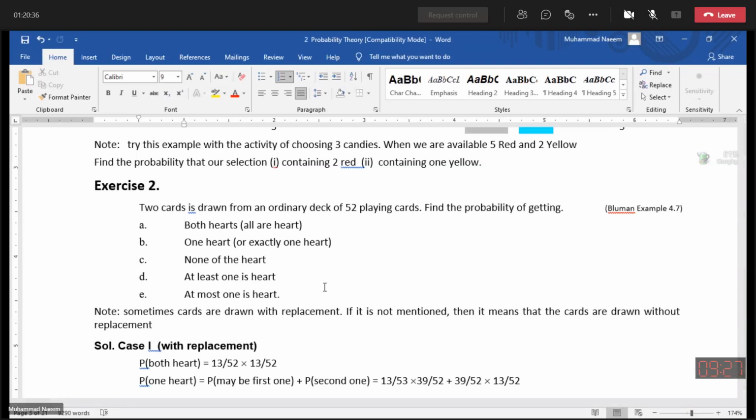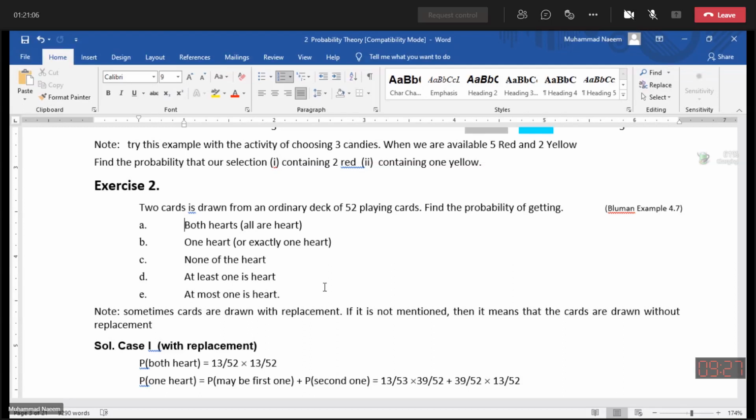Either with replacement or without replacement. Without replacement is the general case, and it has no need to be mentioned. If it is not mentioned, as in this exercise, where simply two cards are drawn, it is understood that it is the general case. What is the general case?